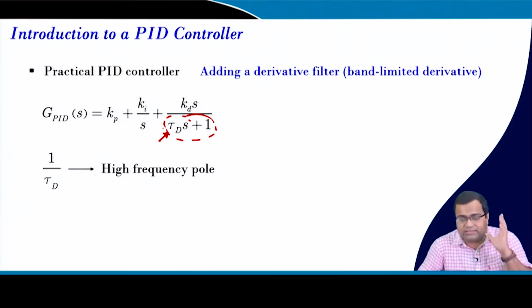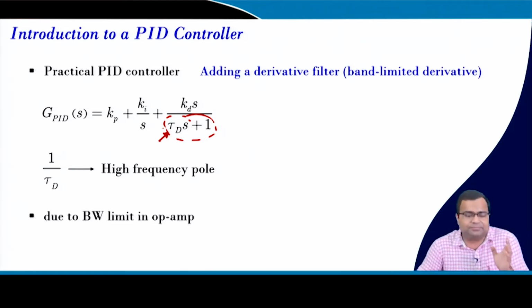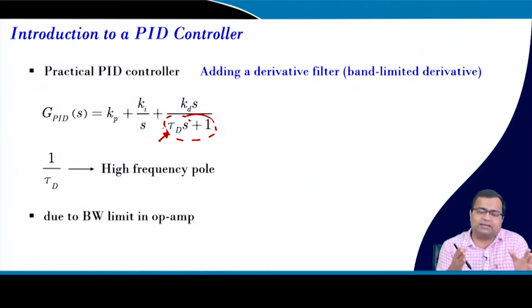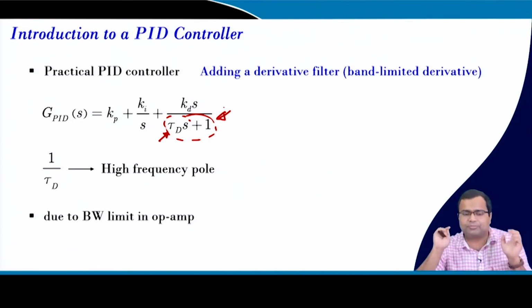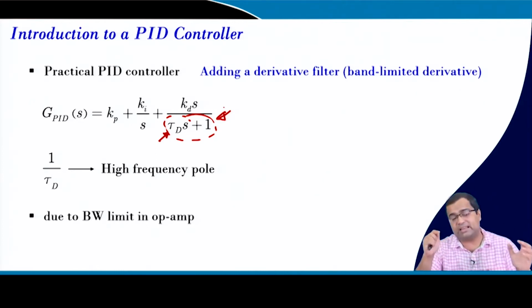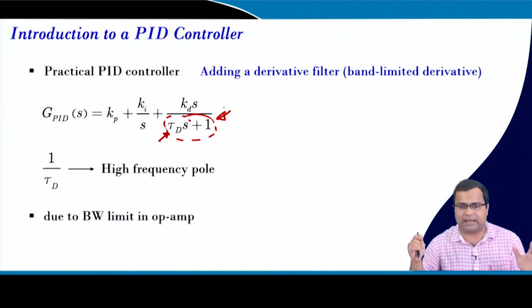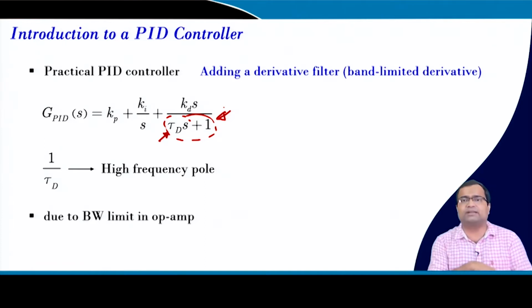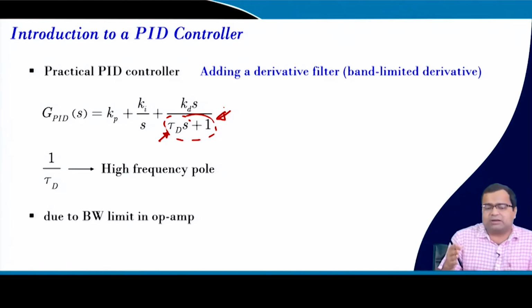Then 1 by tau d is a high frequency pole that we are introducing, and typically due to the band limited nature of the op amp, this by default comes, but we can even set this pole much lower than the actual op amp bandwidth. That means this can be even lower than the bandwidth of the op amp, because if the op amp has 200 megahertz bandwidth and your power converter is 1 megahertz, then 200 megahertz is too high.